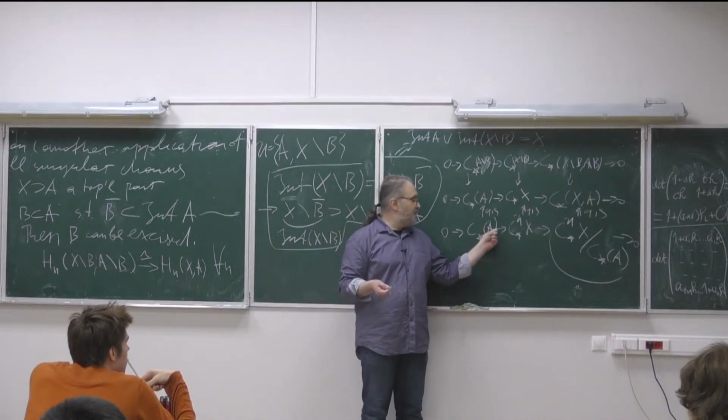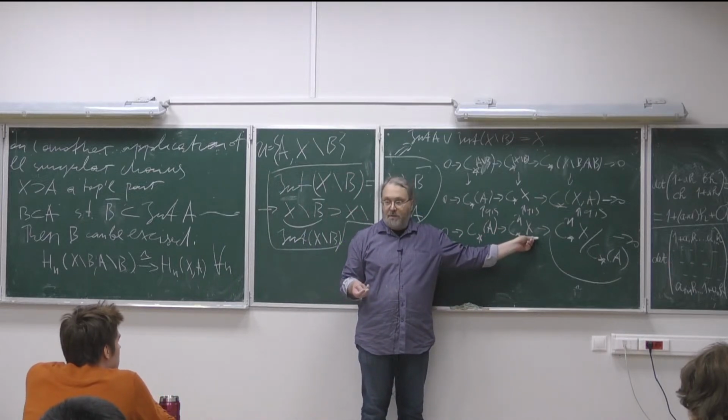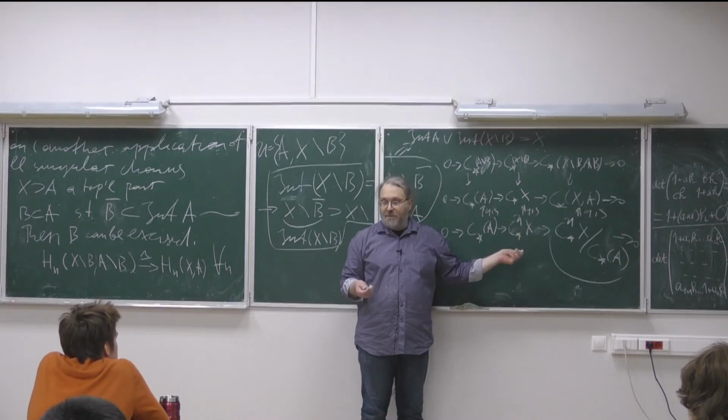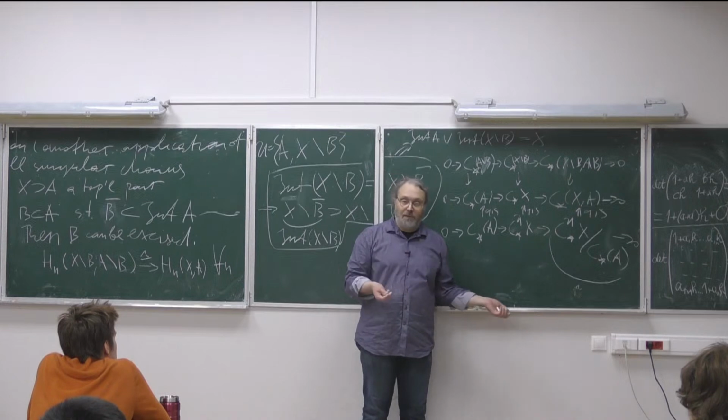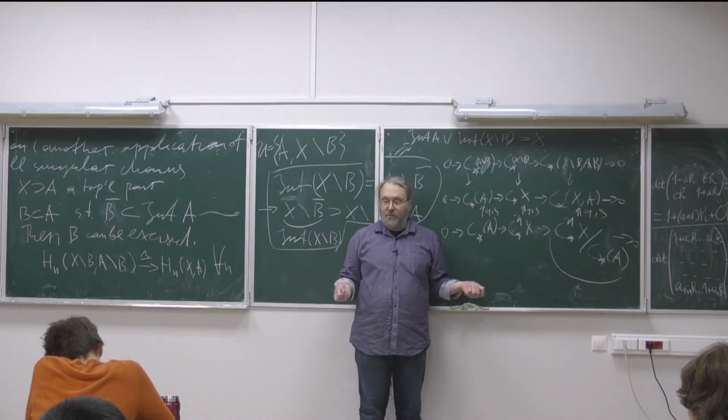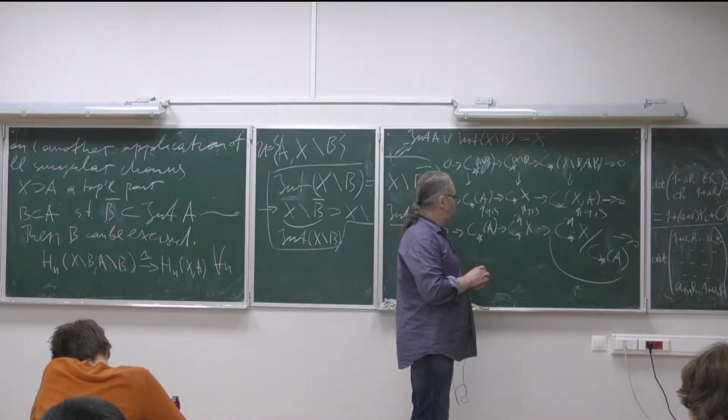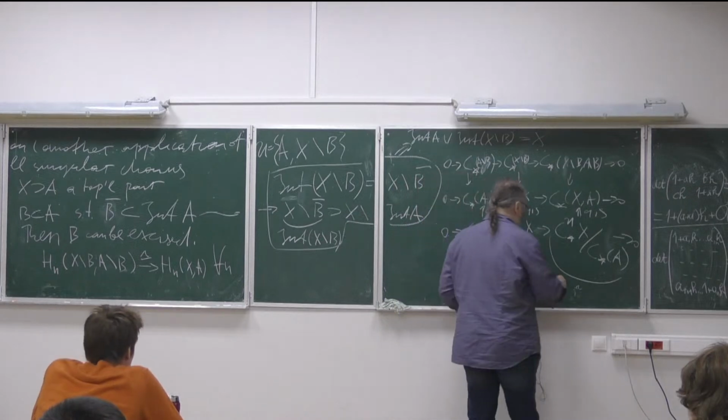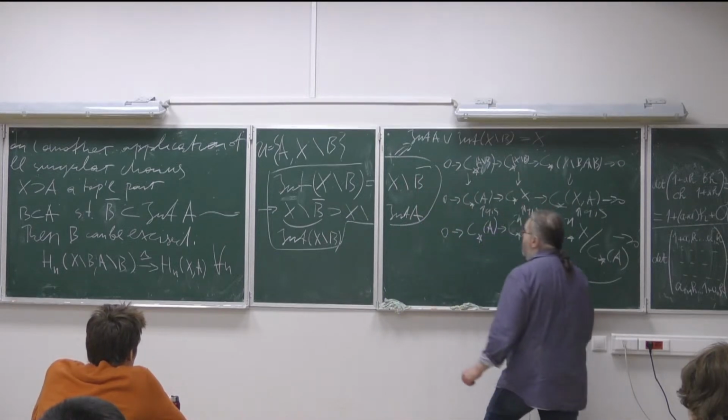Well, this is a chain complex, and this is a subcomplex. And whenever we have a chain complex and a subcomplex, we can take the quotient complex. It is a subcomplex because we have A in our collection.